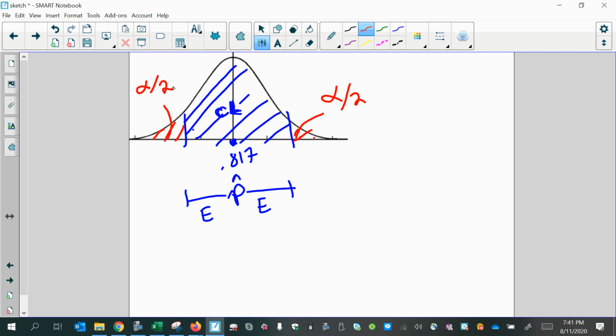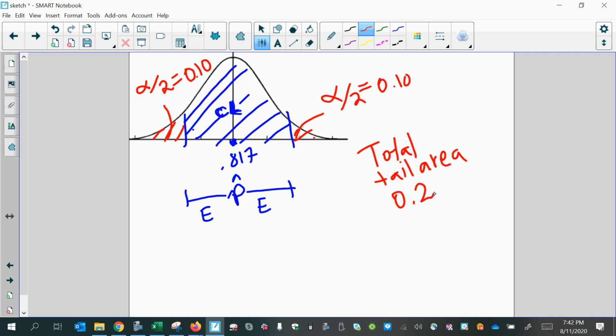So since I need to match up this side with my hypothesis test critical region, and I have to have a twin over here, that would mean that I have a total tail area of 0.2.